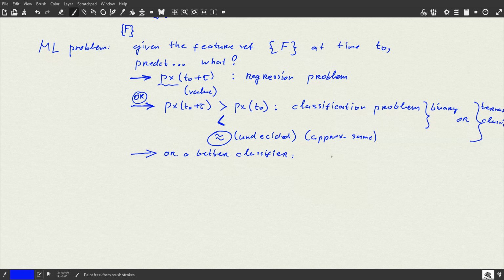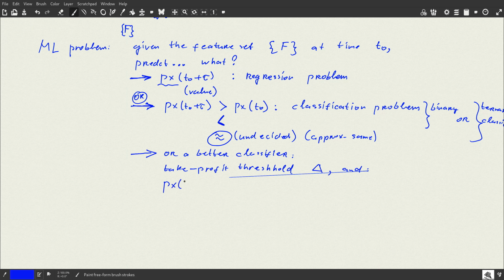You introduce some take profit threshold, or simply profit threshold, delta, and you would be asking the following questions. You probably already know which.